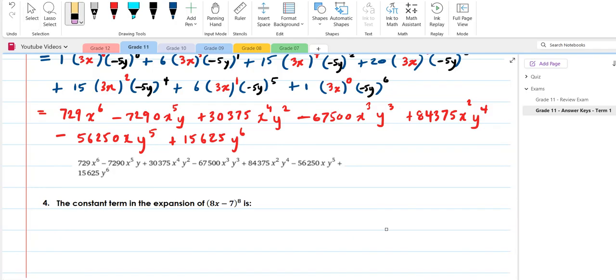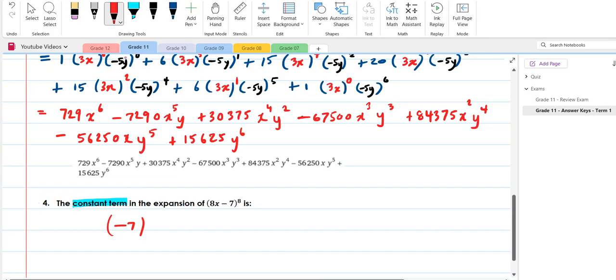Since we want the constant term in the expansion, the constant term is usually dealing with a constant. So the easiest way is to look for the constant in the binomial expansion, which is negative 7, and raise it to the power 8, because it's to the power 8 that we want. So that's how easy this question is.